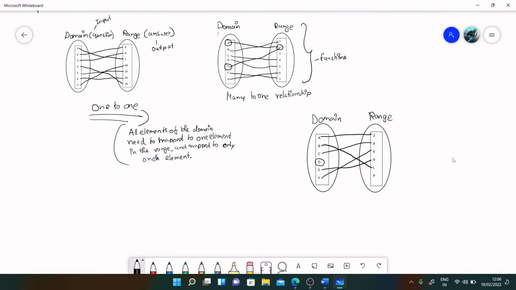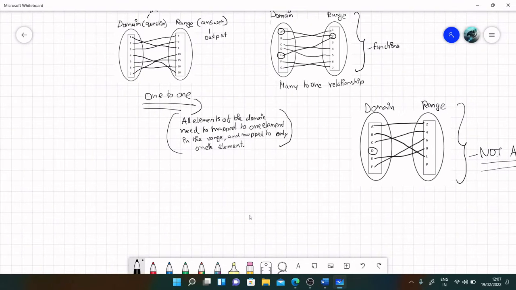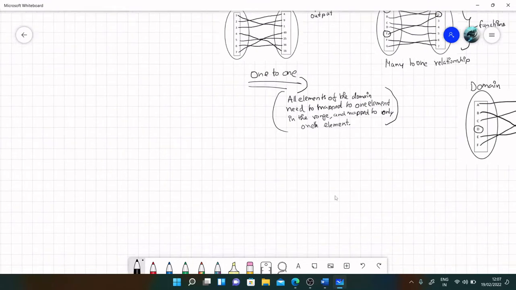This clearly mentions that it needs to be mapped to one element and only one element. But over here, D is not mapped to one element. That tells us this is not a function. This cannot be a function. So, we now know that all elements need to be mapped to one element.